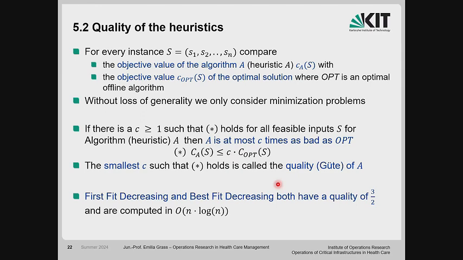What could be shown is that the first fit and also the best fit both lead to a quality of 1.5. So both have the same quality, and the solutions provided by FFD and BFD are at most 1.5 times worse than the optimal solution.